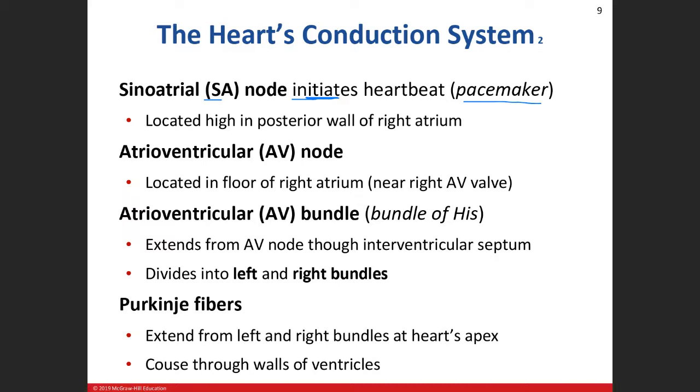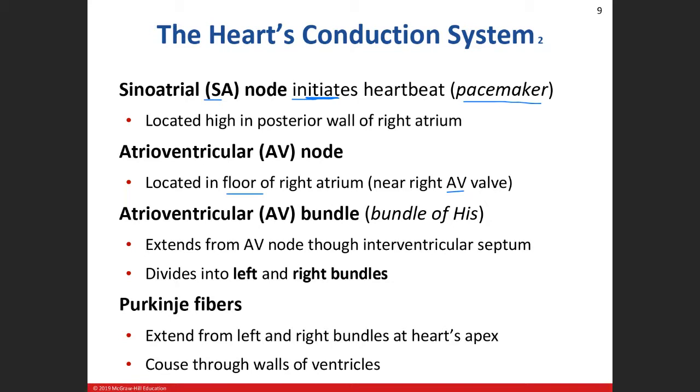And then that depolarization, that signal, will wash over the walls of the atrium and cause it to depolarize and then eventually contract. So the next player is the AV, or atrioventricular node. It's located in the same atrium, except it's on the floor, right near the right atrioventricular valve, or the tricuspid valve.